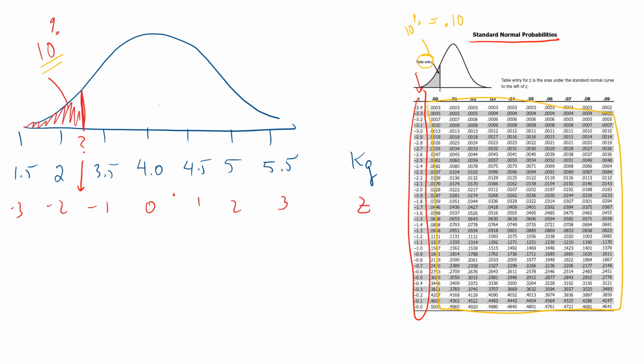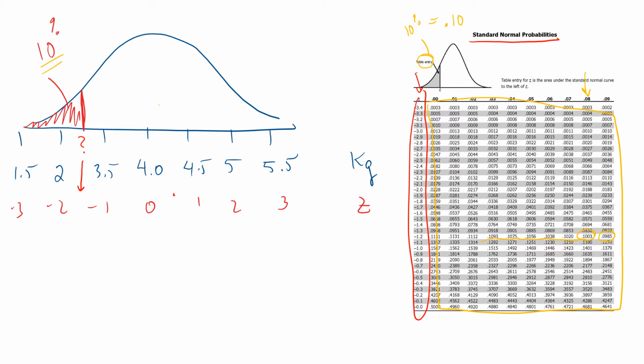It takes a bit of scanning, but if you take a look at this row here, we're getting close to 0.10. Here it's between this number and this number, and so I take the one that's closest, which is this column here.